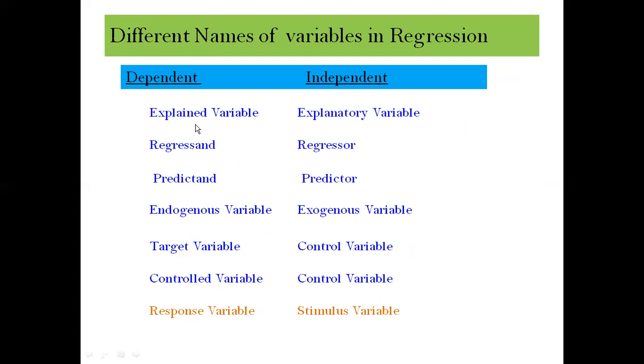But in literature, you will find dependent by different names like explained variable, regressand, predictand, endogenous variable, target variable, control variable, response variable, and for independent, their counterparts are explanatory variable and so on. So you will find different words for dependent and independent in different branches of study.